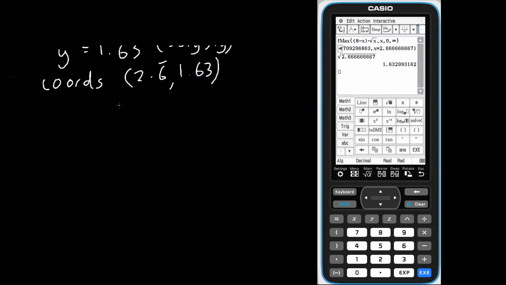So that's the other method that you can use, the Fmin and Fmax function. But the hardcore way would be to say that the area, so we'll just make this the second method. Calculus method.